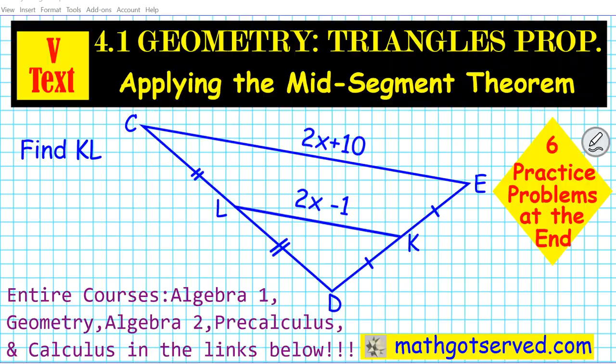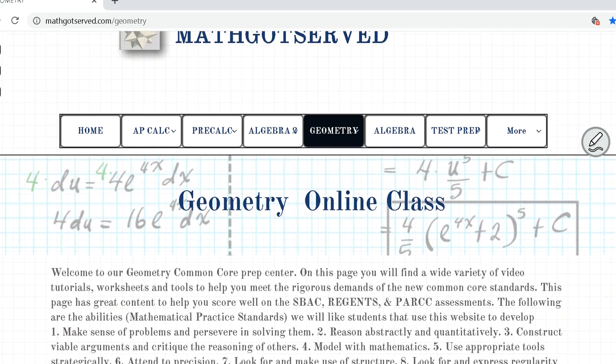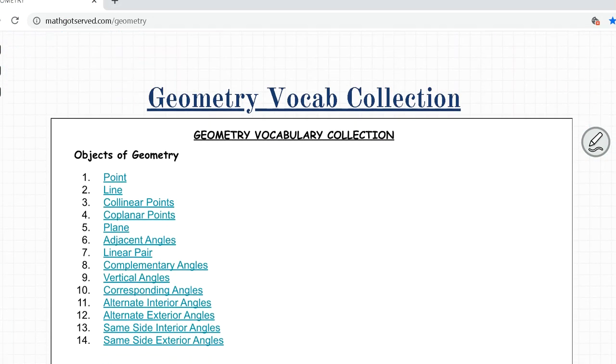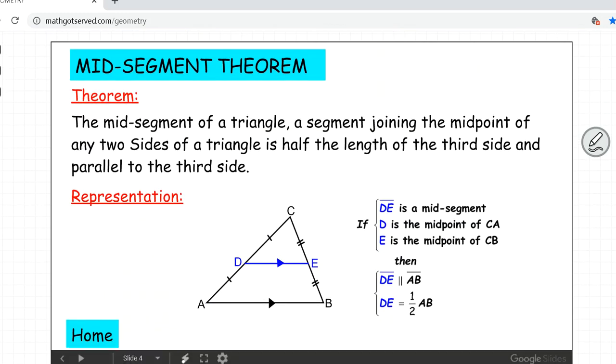Alright, to get us started, we're going to be taking a look at the Midsegment theorem. So this is our website, mathgotserved.com, under Geometry. We're going to scroll down to the collection of theorems and postulates, and here you can see the midsegment theorem. The midsegment theorem basically says, if you have a midsegment, as you can see here, DE, and the definition of the midsegment is a segment that connects the midpoints of two sides of a triangle.